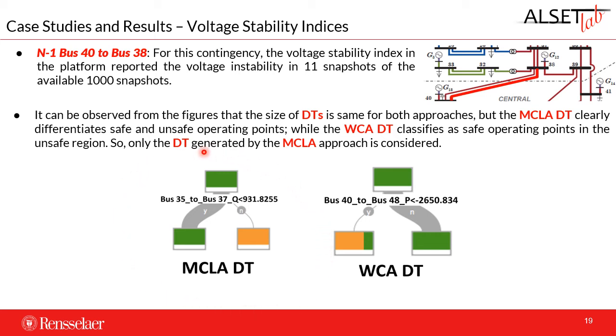So we have the Monte Carlo-like approach, and we have the worst case approach, decision trees. The Monte Carlo-like approach actually classifies the safe and unsafe operating points correctly, whereas the worst case approach fails to classify the unsafe operating points correctly. So only the Monte Carlo-like approach is going to be considered in the sequel.